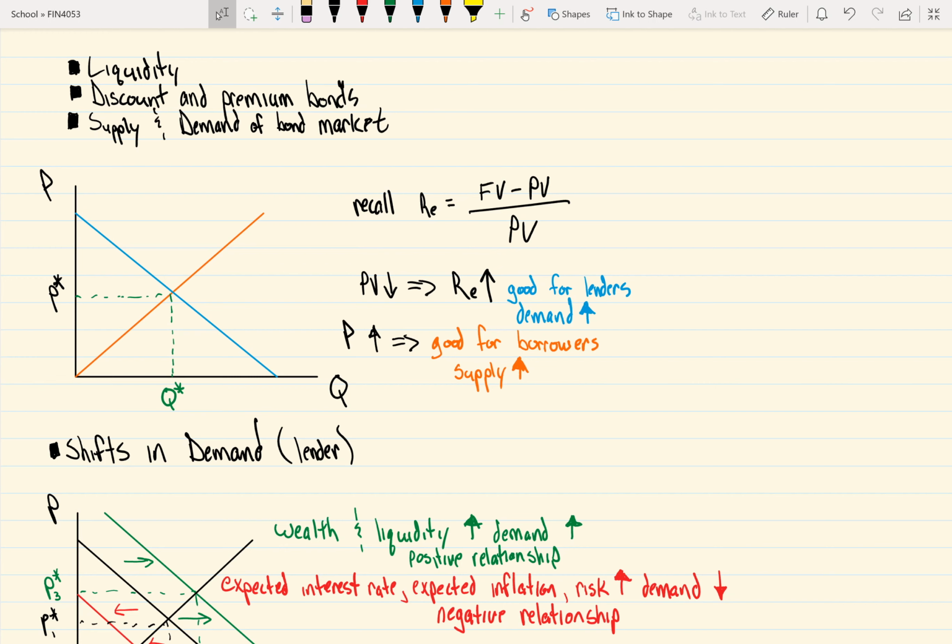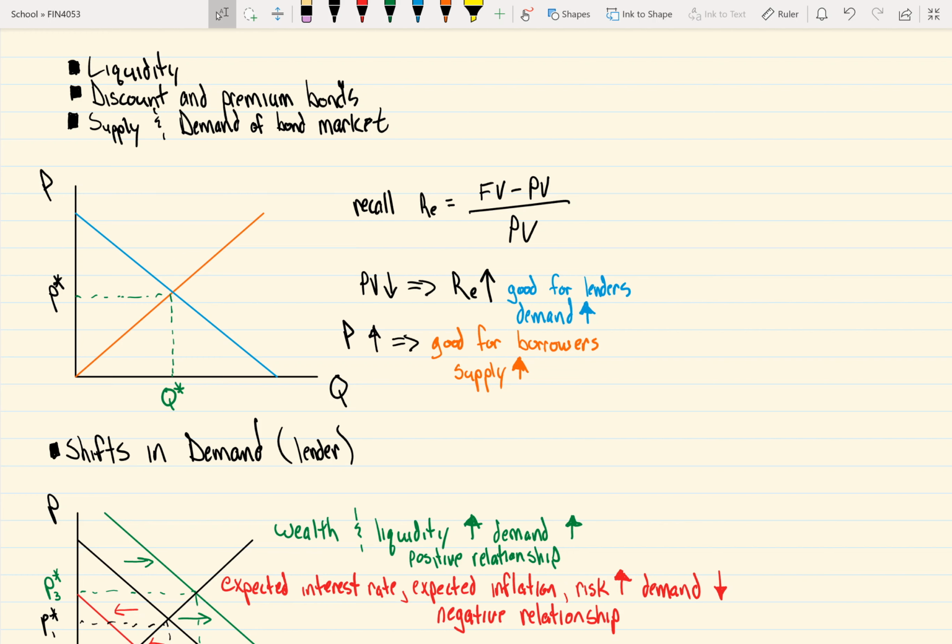And another note on discount and premium bonds. I don't think they say this in the book that clearly, but the reason that bonds can be sold at a discount or premium is because of movements in the coupon rate. So today, if I buy a bond that pays a 5% coupon, and then next year bonds provide a 7% coupon, those are going to look more attractive.